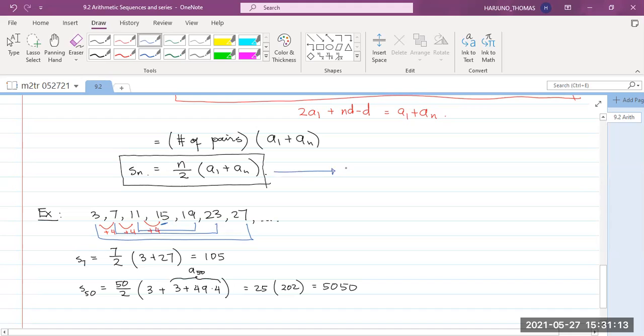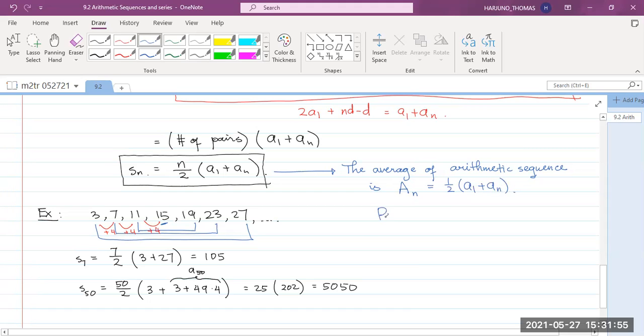Okay, so the average of the first n terms of an arithmetic sequence, to our surprise, is equal to 1/2 the first term plus the last term.